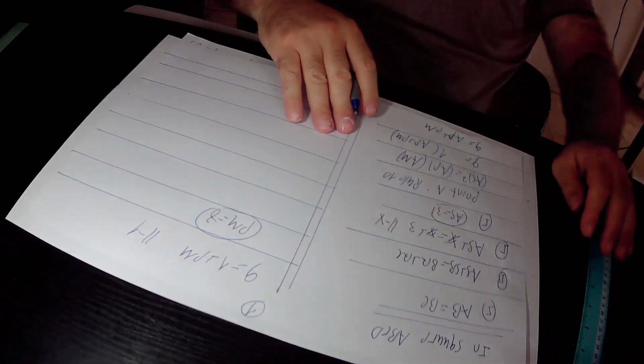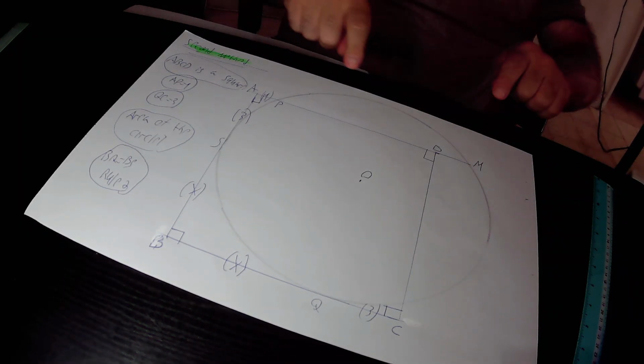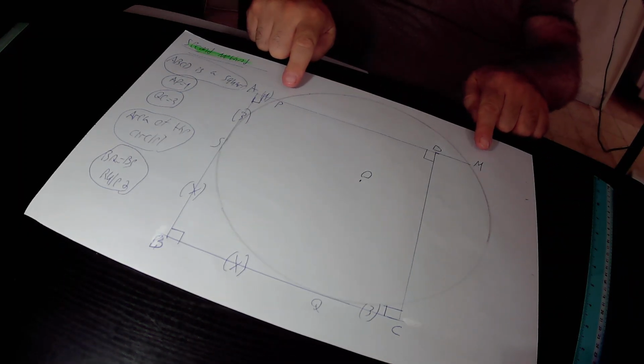So we found out that the length of this chord PM is equal to 8 units.